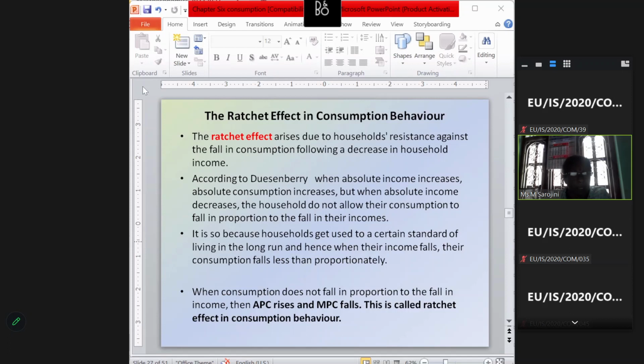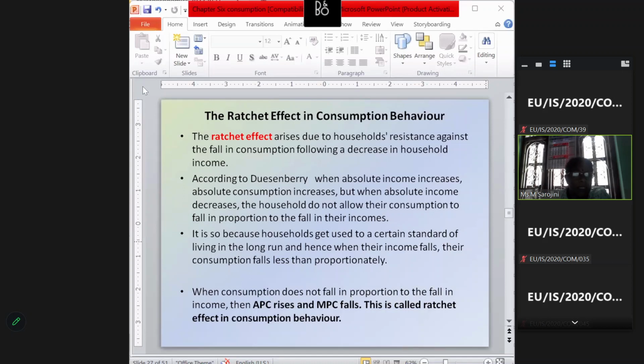That is the reason, right? For example, as I explained in the last class, nowadays the price of Anchor milk powder is very high. However, some people are trying to buy it because they are addicted to it or they are trying to maintain their standard of living as well.